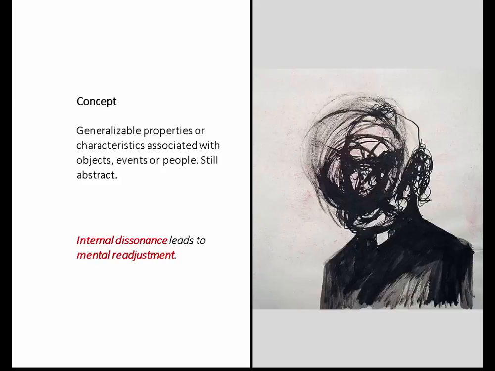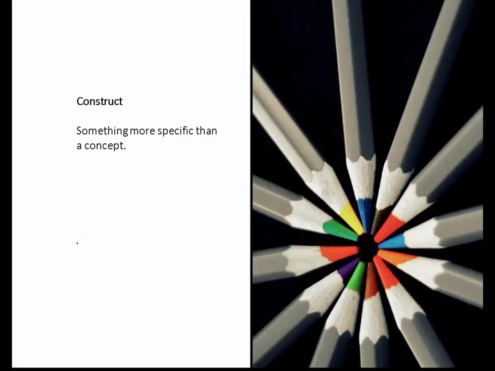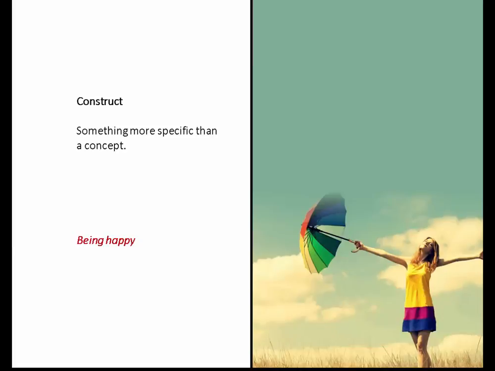Okay, and then you can narrow it down further. You can talk about constructs. What is a construct? That's something more specific than a concept. In the case of the Broadway shows, it could be being happy. That people want to be happy in their brain, which is in this case a more specific version of what this mental readjustment does.